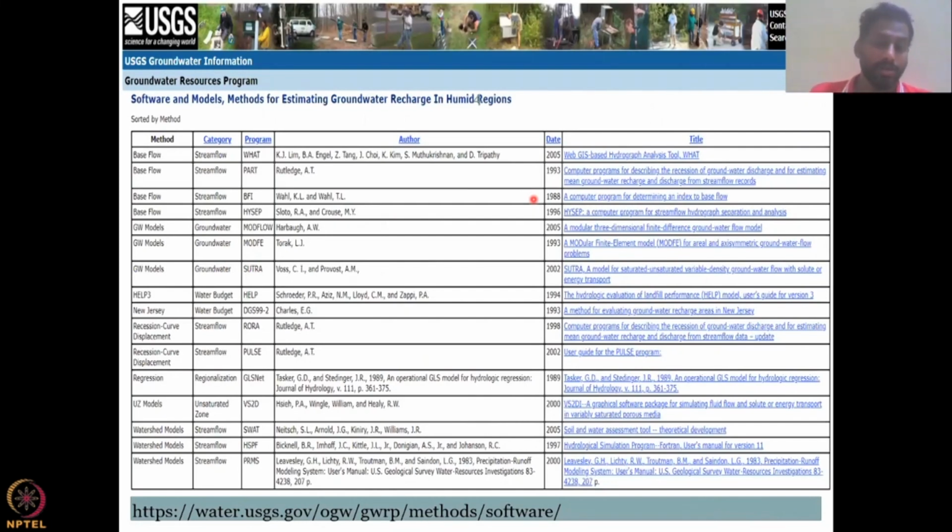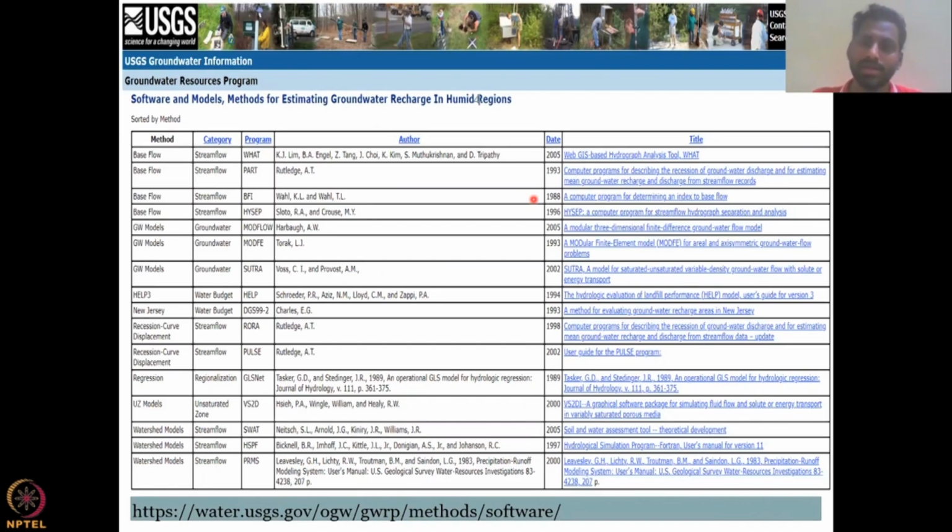And the last part I would like to say, after we did the estimations through water budgets, seepage meters, etc., and water level fluctuations, the last part is models.